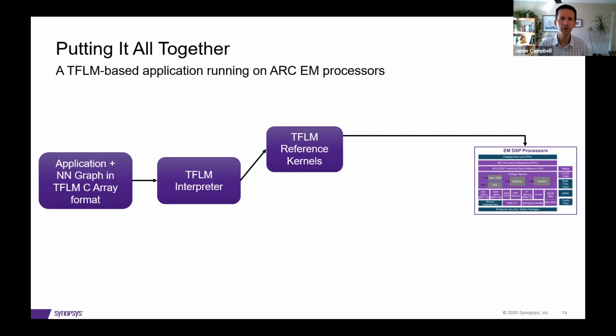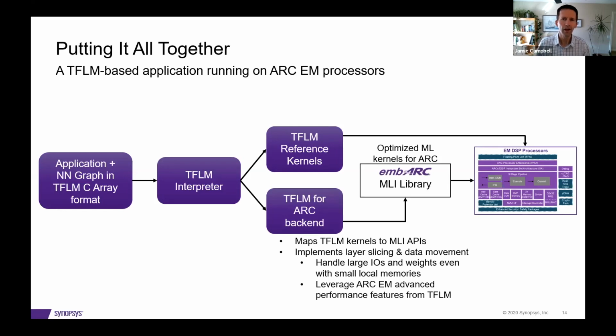However, to increase the performance and the efficiency, what we have added to TFLM is an ARC-specific backend. That backend's first task is to actually map the TFLM kernels to the kernels which exist inside our optimized MLI library that I've just introduced, which of course run also on the EM processor.